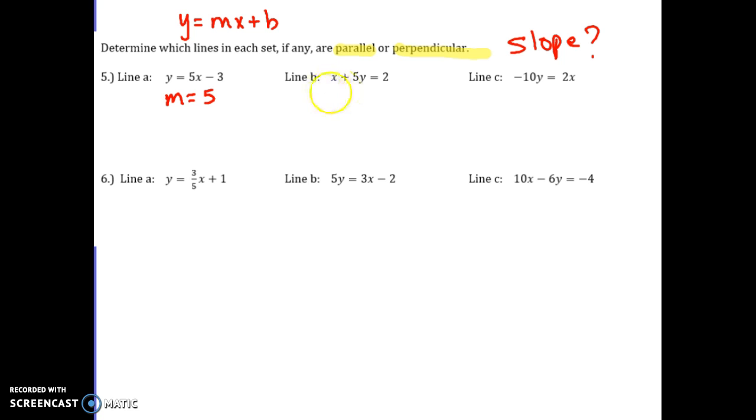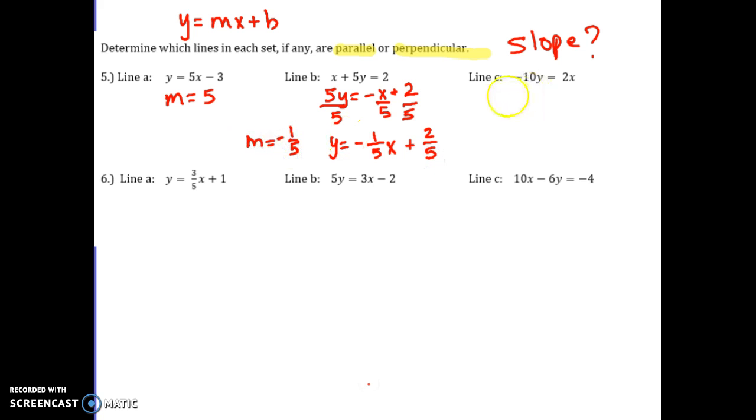For this one right here, we've got 5y, so we subtract x from both sides and get 5y is equal to -x plus 2. Then I divide each term by 5. y is equal to -1/5 x plus 2/5. So here my slope is -1/5.